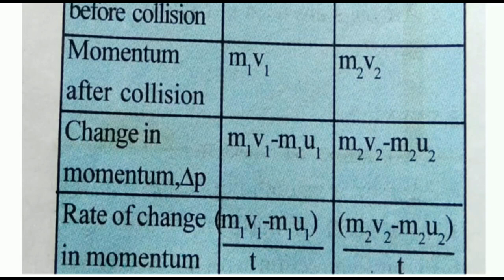So here m1u1 plus m2u2 is the total momentum of the two marbles before collision, and m1v1 plus m2v2 is the total momentum of the two marbles after collision.